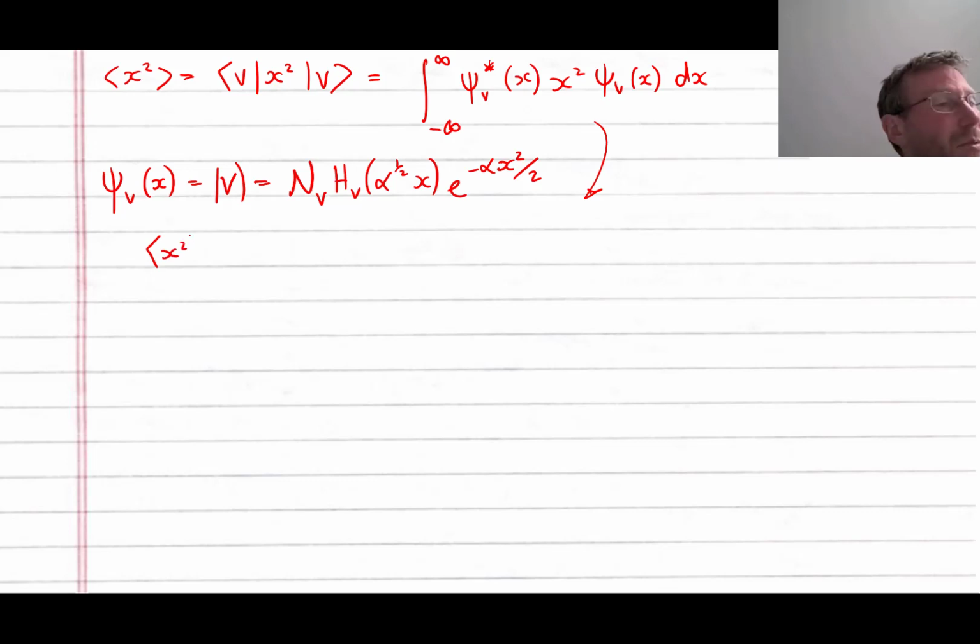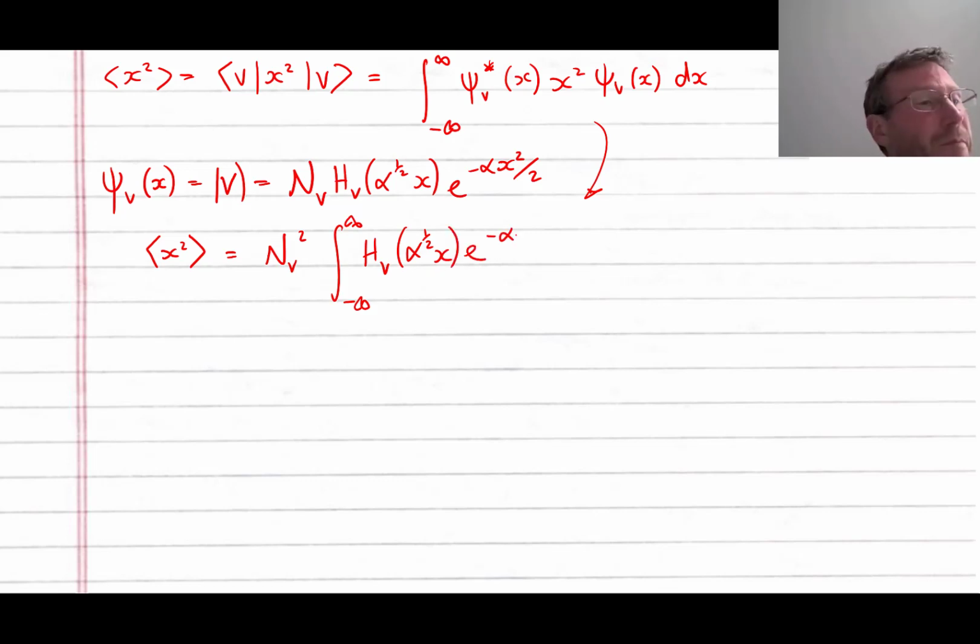So our average value is equal to, we can bring the normalization constants outside the integral. And then we are left with the H_v function again. It's all laborious, right? There's our x squared value in here, and then here's our H_v term all over again.